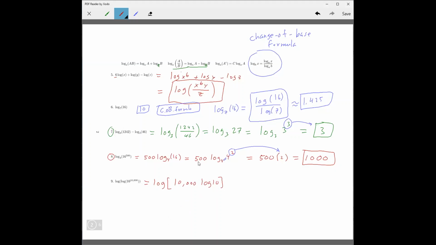That's using the power property right here. And we know that this is base 10, so that means this is 1. So all this is just log of 10,000, but we know that 10,000 is 10 to the 4th power. So the answer is going to be 4.